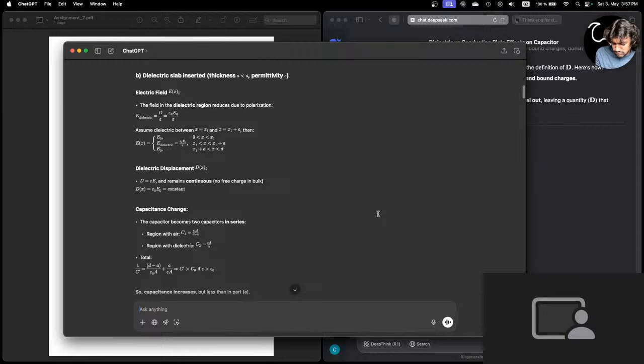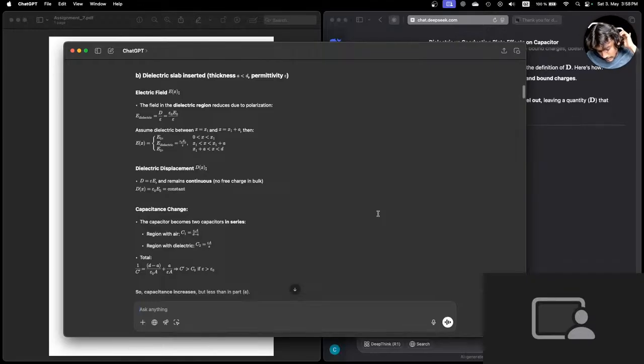How do I convince? D of x equals epsilon zero E of x. If it's between the conductor, E of x is... That's where the confusion came. Okay, what did I write?